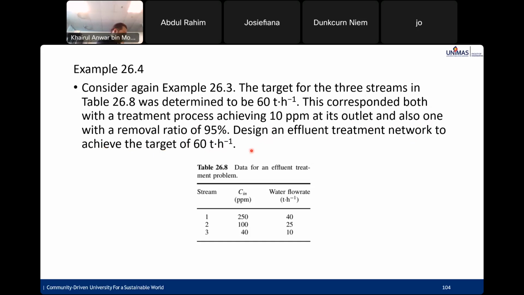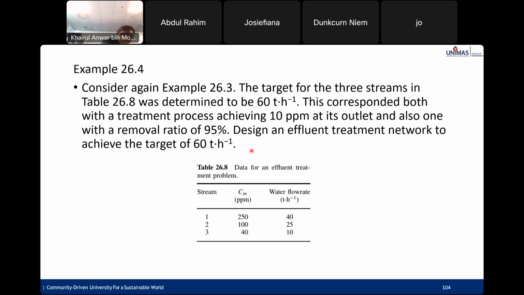So 60 ton per hour is based on the previous calculation, example 26.3, where the pinch is at 5.4 maximum load.